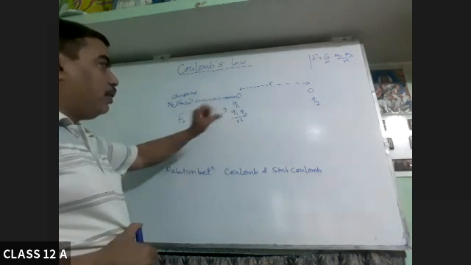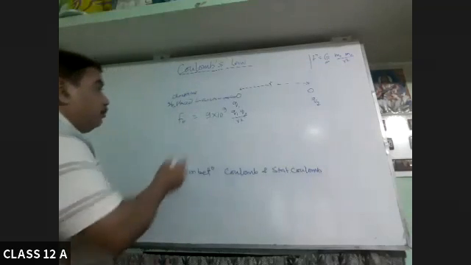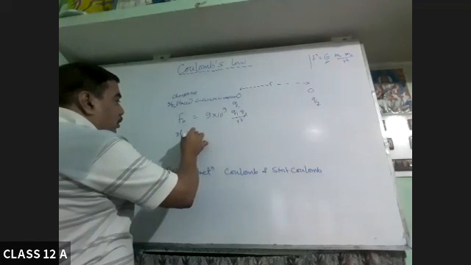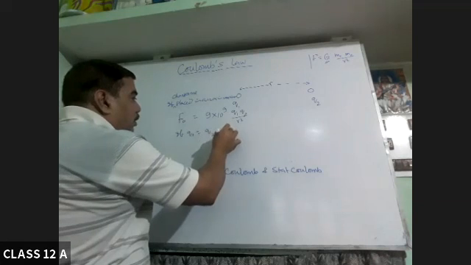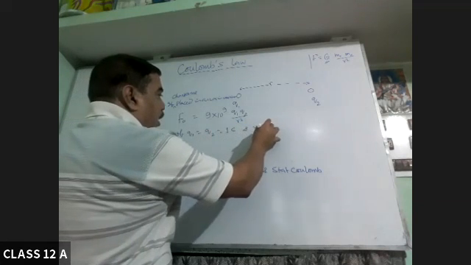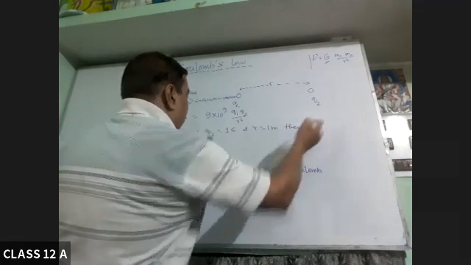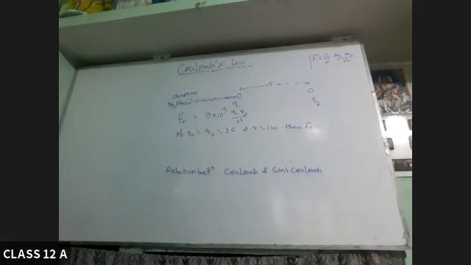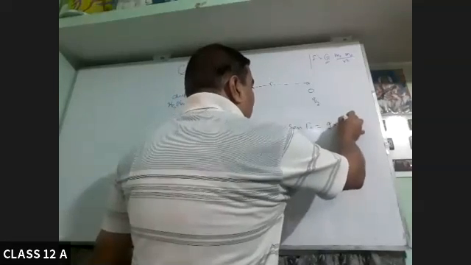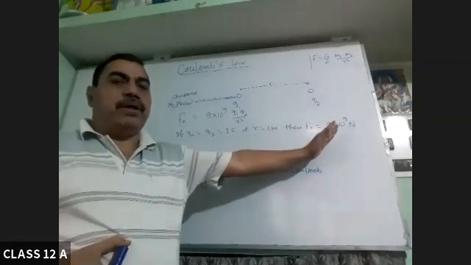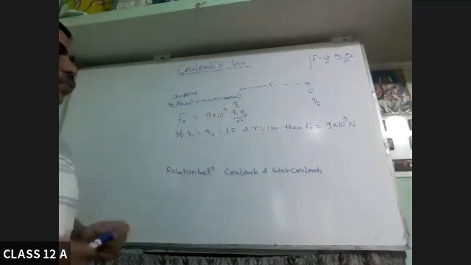So how do we define this? If Q1 equal to Q2 is 1 Coulomb and R is 1 meter, then F is 9 into 10 to the power 9 Newton. So we are using this property to define 1 coulomb.